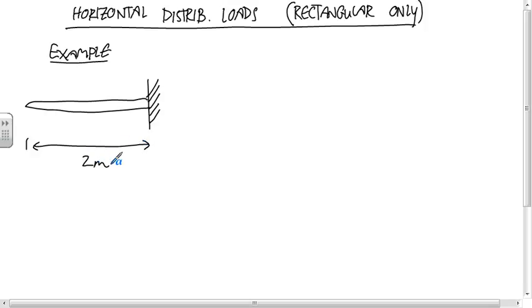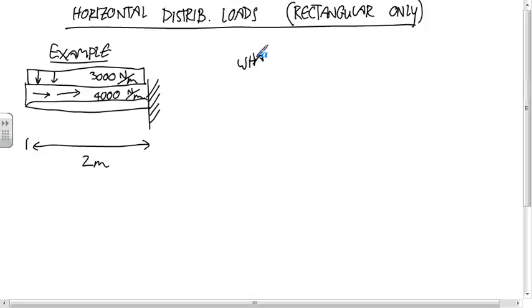And let's say that there is a horizontal distributed load going this way of 4,000 newtons per meter, and a vertical distributed load going down of 3,000 newtons per meter. What are the external loads?